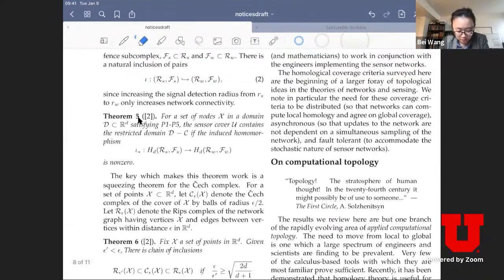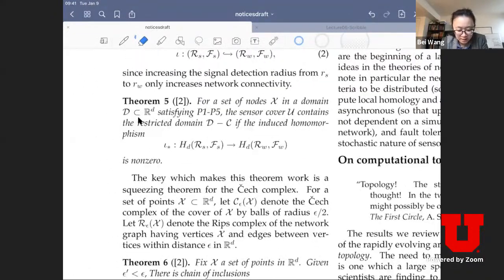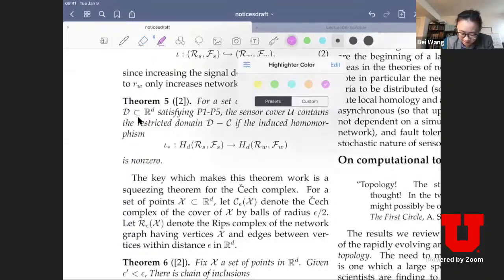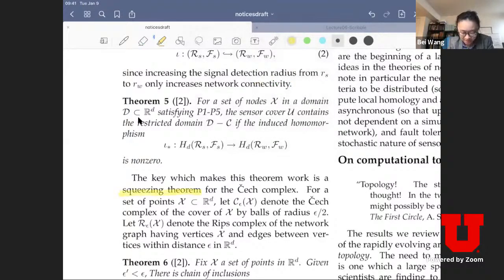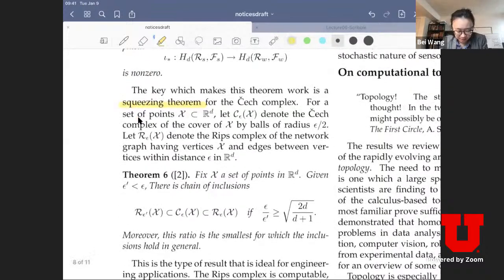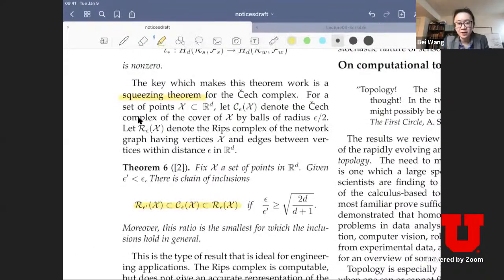Okay, so this Theorem 5 is really what I said: if I am computing a Rips complex, why is it approximating the behavior of the Čech complex? Believe it or not, this is called the squeezing theorem. The squeezing theorem is basically because of what we showed earlier in the lecture.